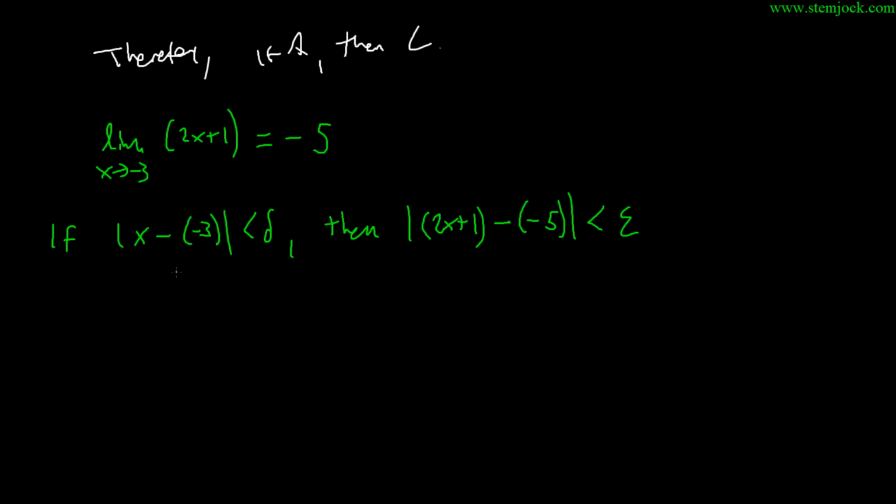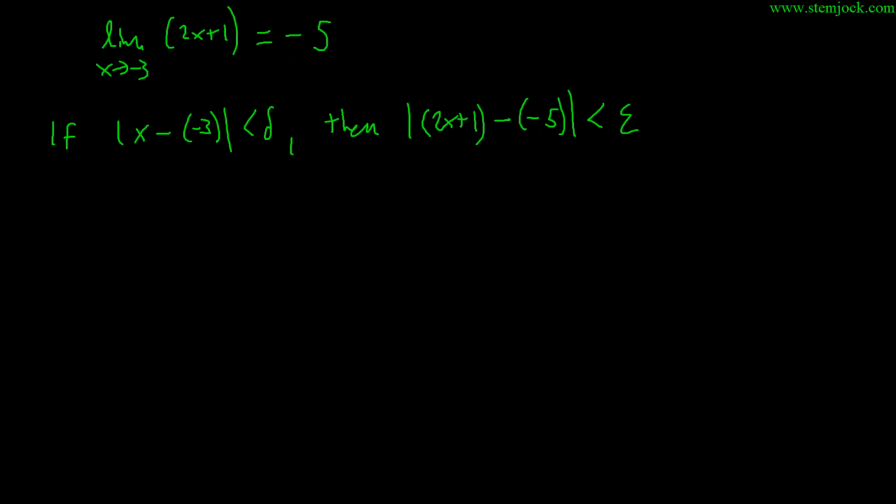As I said, the goal here is to assume that the antecedent is true and then show how it follows that the consequent is true. But first, we have a problem, and that is we need to know what delta is. That is our first step, and the way we find it is by working backwards. Off to the side here, I'm going to start out with the consequent. So 2x plus 1 plus 5 is 2x plus 6, less than epsilon.